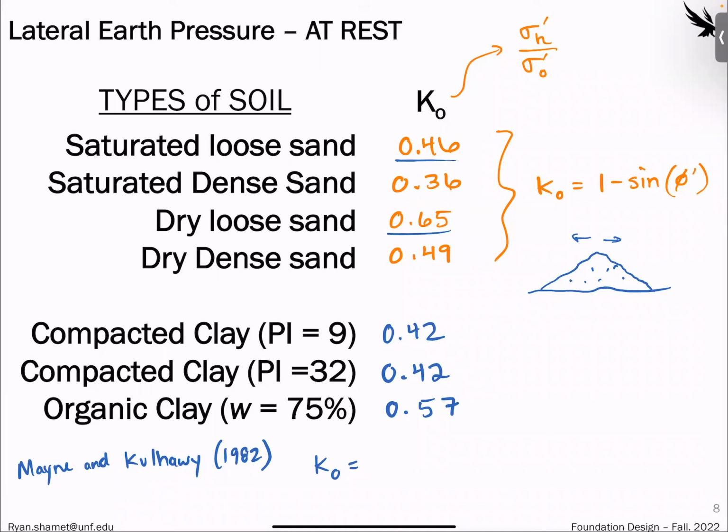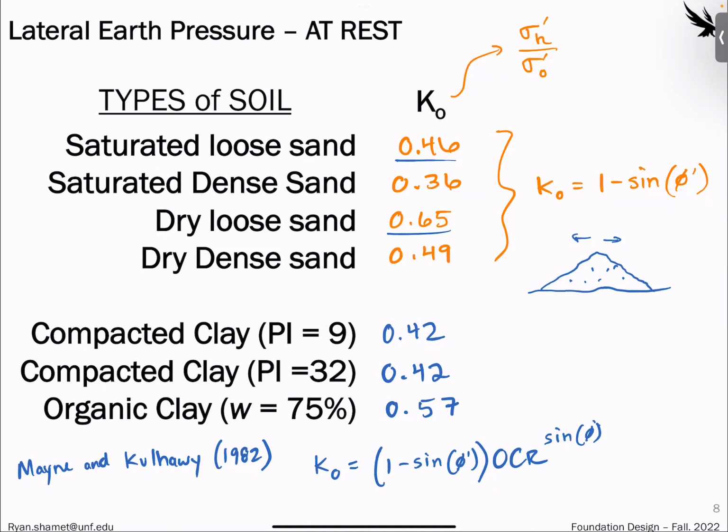They introduced this equation, where they use a function of the OCR and the friction angle. So it's OCR to the power of sine of the friction angle. That's one of them that you can use with clays.